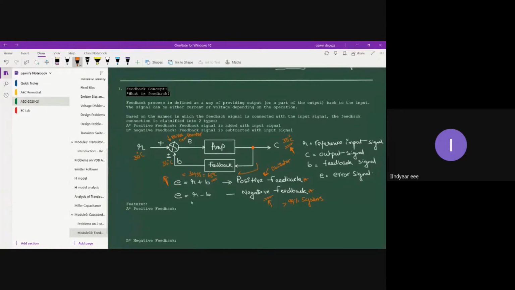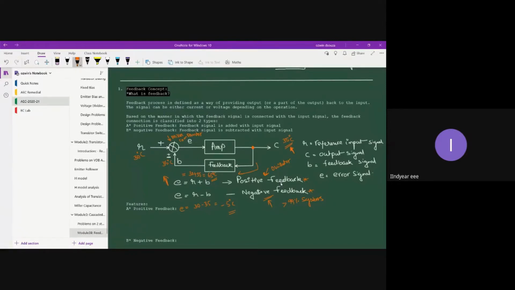On the other hand, for a negative feedback system, the error becomes 30 minus 35, which is equal to minus 5 degrees Celsius. You see the difference. Your first system gives 65 degrees Celsius as the error, and the second system gives minus 5 degrees Celsius as the error.